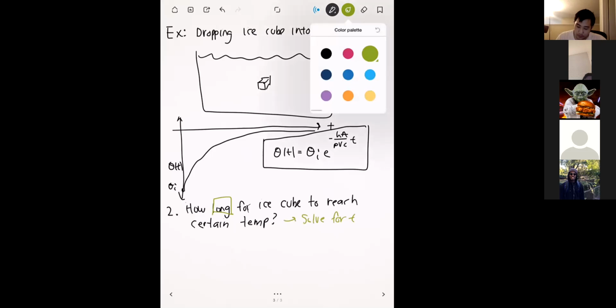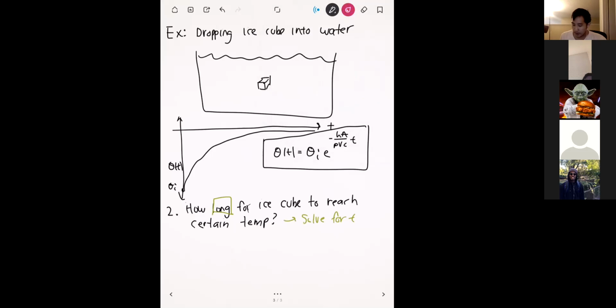Basically we're going to use our equation here, but we're going to plug in for theta of t on the left-hand side of this equation and then solve for t itself, okay? And so let's say that we want to solve for the amount of time it takes for the ice cube to heat up to a new temperature, and we'll call that new temperature theta n, the new temp for the ice cube.